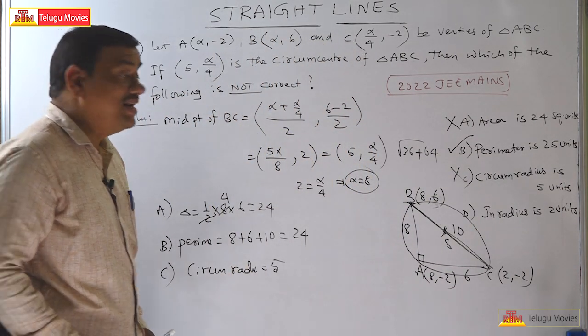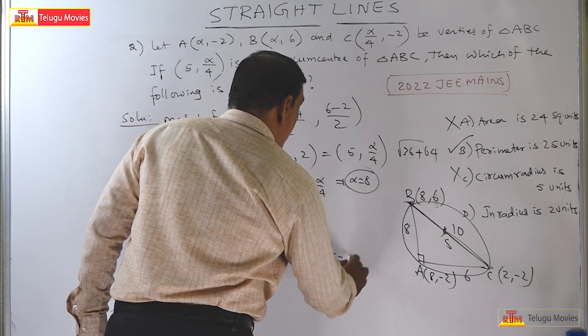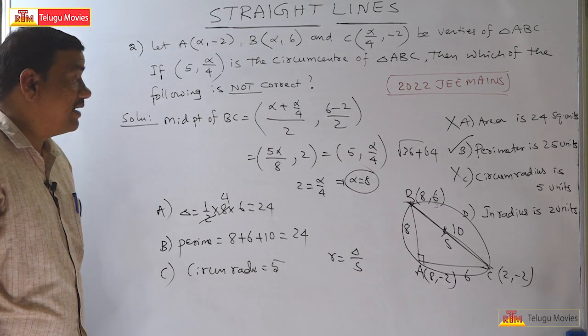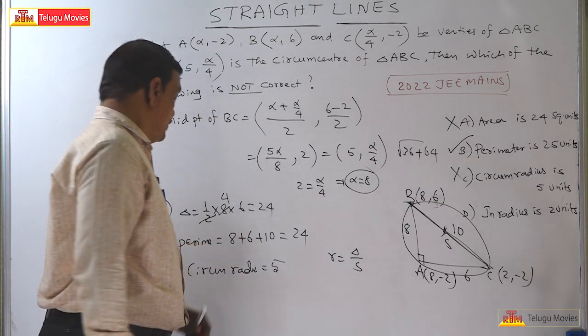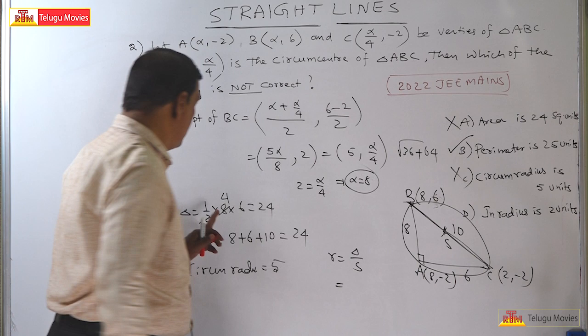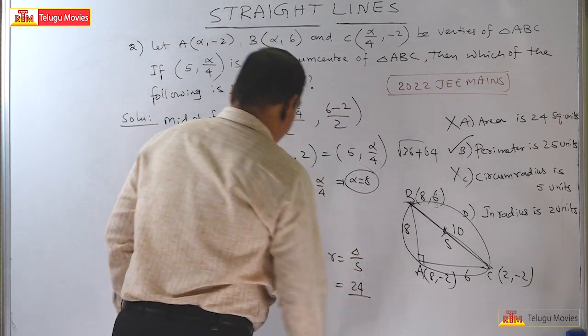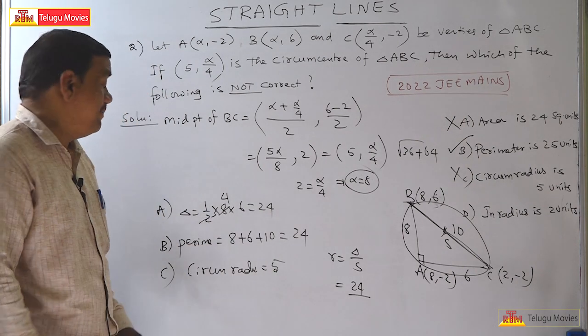Inradius means we have r is equal to delta by s. So here delta is the area of the triangle, 24, and s is the semi-perimeter.